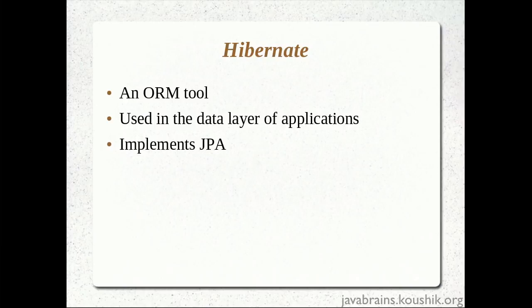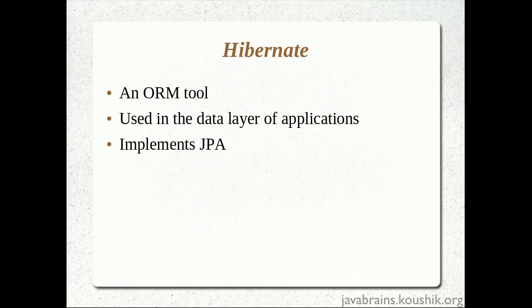Thirdly, it implements JPA. JPA stands for Java Persistence API. This is a set of standards that have been prescribed for any persistence implementation that needs to be met in order to get certified as a Java Persistence API implementation.